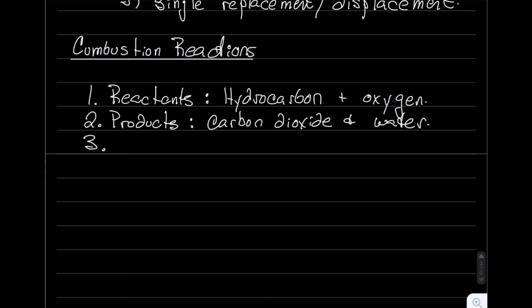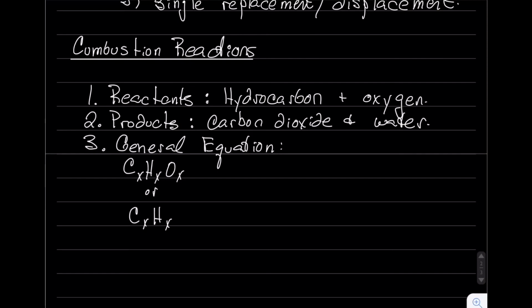So now let's write a general equation. So the general equation for a combustion reaction with a hydrocarbon, which is the only combustion reaction we're going to be talking about, would be CxHyOz, X meaning some number, or it could be just CxHy, plus oxygen, which remember is O2 because oxygen is a diatomic, producing the 2 products, carbon dioxide and water.